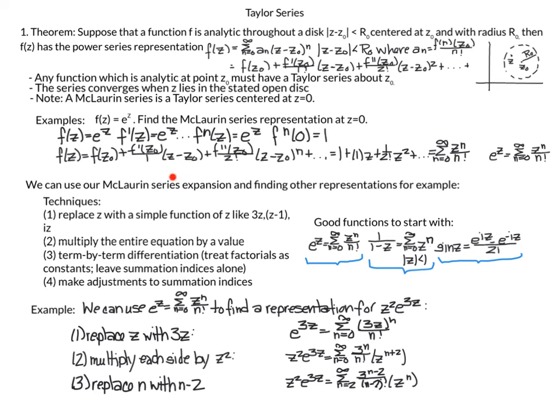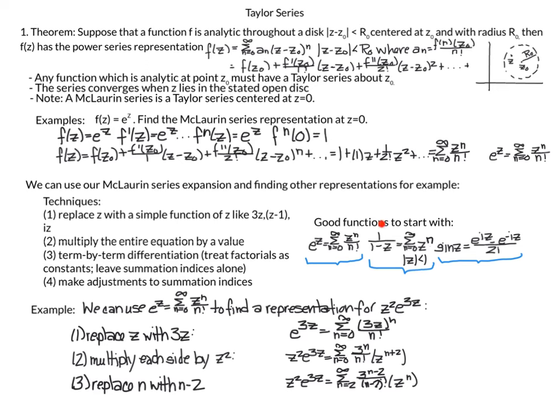But our main use of the Taylor series and the Maclaurin series is to write other functions in terms of a Maclaurin series. So the technique we're going to use is we start with a function like e to the z, which we just found was equal to the summation of z to the n over n factorial.